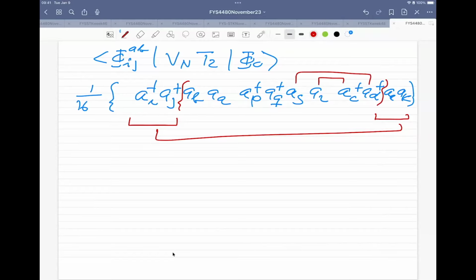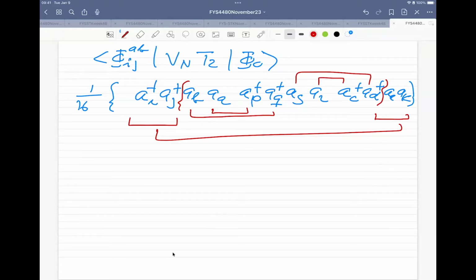And in this particular case, we have two possibilities because we can interchange. Here, we could have a going to c and b going to d. So that's the other one, which is non-zero. And then we have the contraction here between a and p and b and q. So that's one possibility.